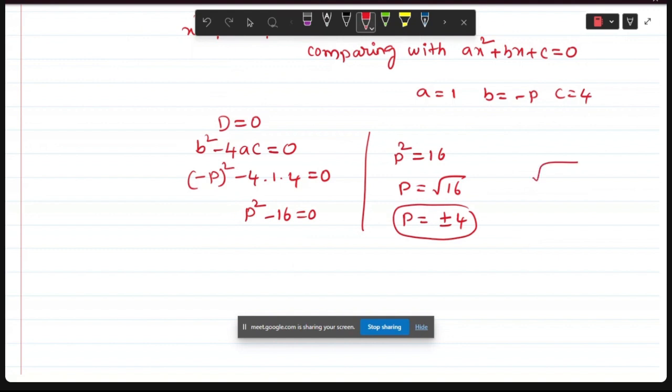Because root of 4 into 4 is 4 square, and the square root cancels, giving 4. 16 can also be rewritten as minus 4 into minus 4, which is minus 4 whole square, and the square root cancels, giving minus 4. So 16 means 4 into 4, and also minus 4 into minus 4. That's why we are using plus or minus 4.